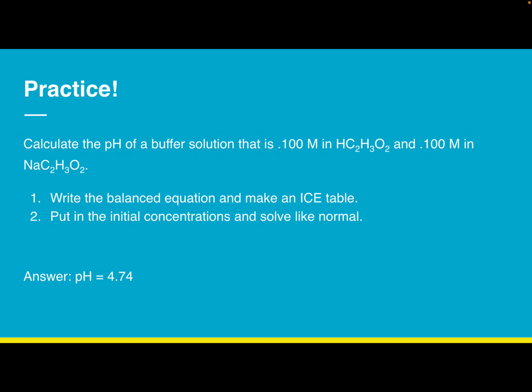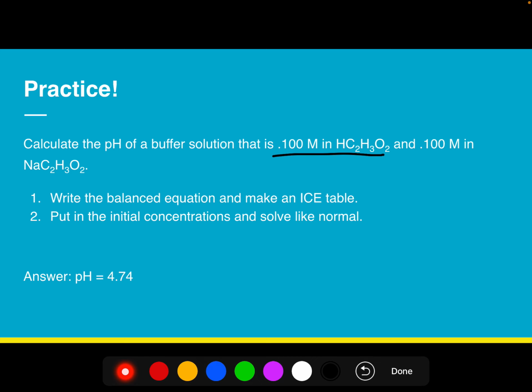Calculate the pH of a buffer solution. It's 0.1 molar in acetic acid, 0.1 molar in sodium acetate. So what we would do, we've got to get our equation, HC2H3O2, then we're going to get our salt in here. Alright, so balanced equation, okay, we're good.